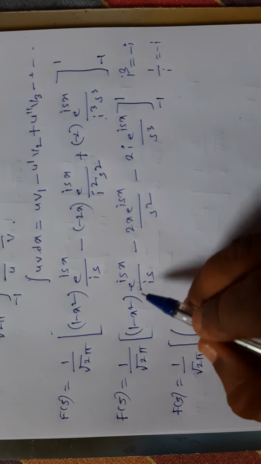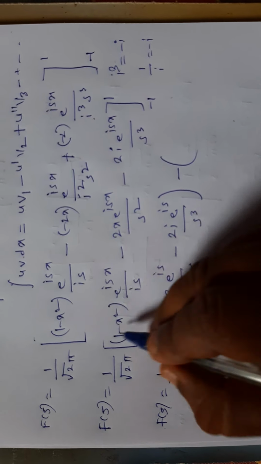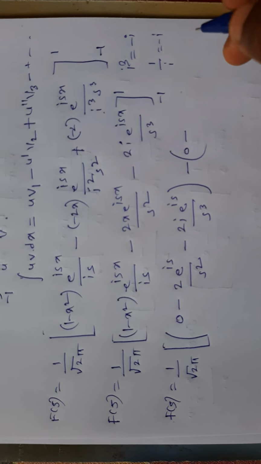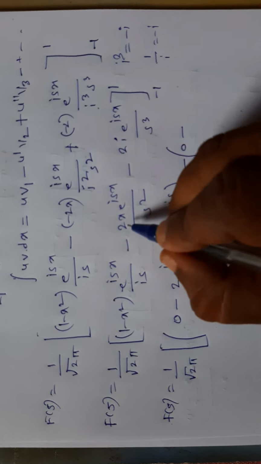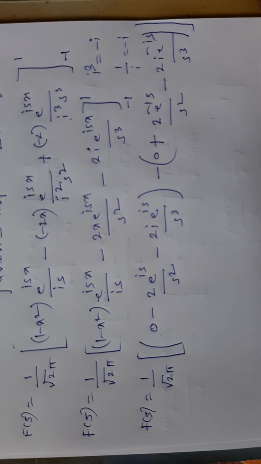Here the lower limit is minus 1, whole square is plus 1. So again this becomes 0 minus, and putting minus here, minus into minus becomes plus: 2 e to the power of minus is upon s square minus 2i e to the power of minus is upon s cube. So this is the lower limit.